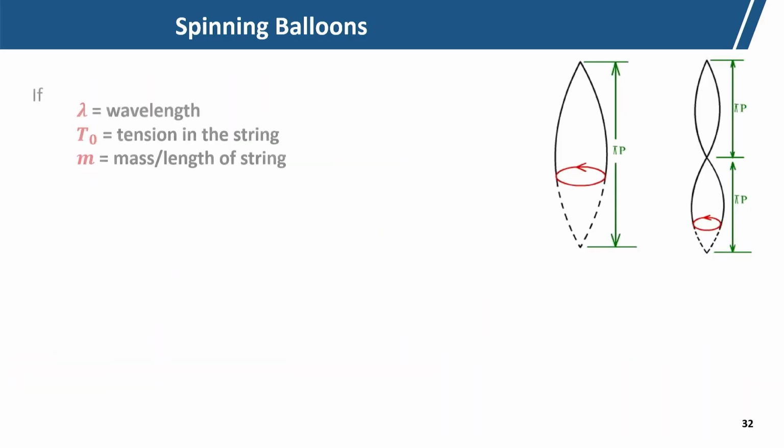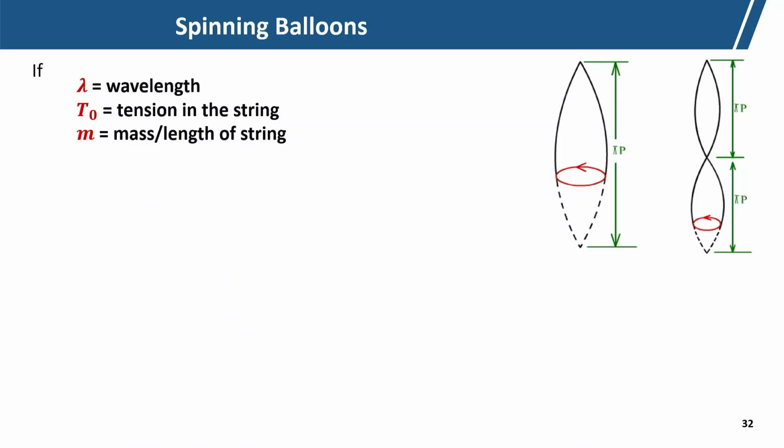Now, where lambda is the wavelength, T0 is the tension of the string and the mass per unit length of the string is m. So, they are related as, where L is the length, which is lambda by 2, half of the wavelength.